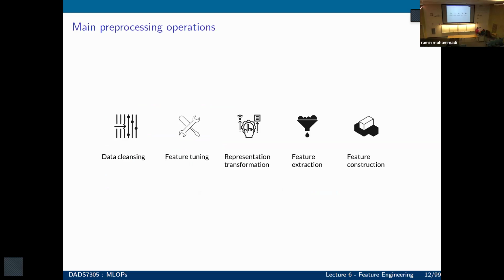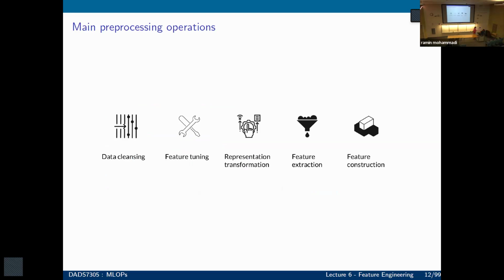Now, when we talk about pre-processing, we start with data cleansing, which you all know. The cleansing idea is that anything bad from your data, you remove it, or maybe you're dealing with NaN. Then you have feature tuning. Anyone? What's feature tuning? Suppose our values are decimal, then we have to scale them up. Yeah, something like scaling, normalization, and stuff like that.